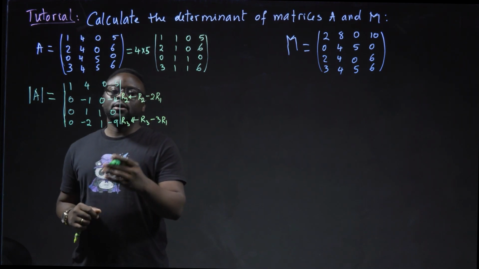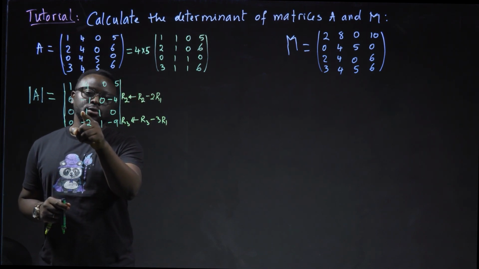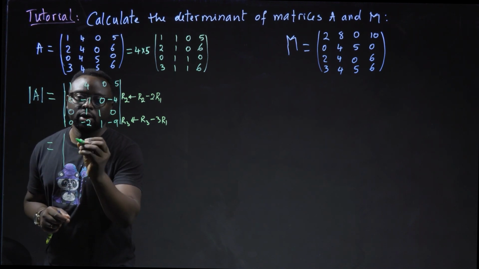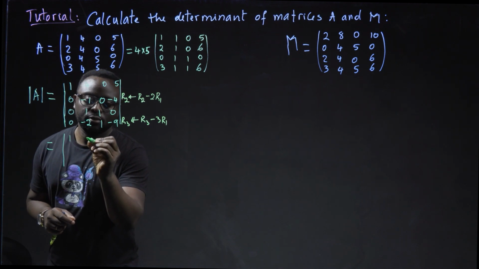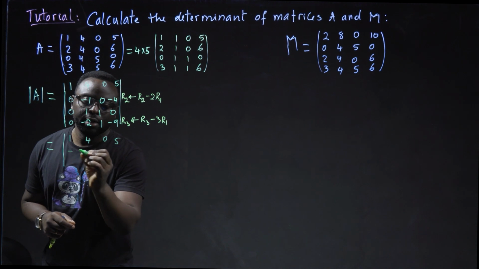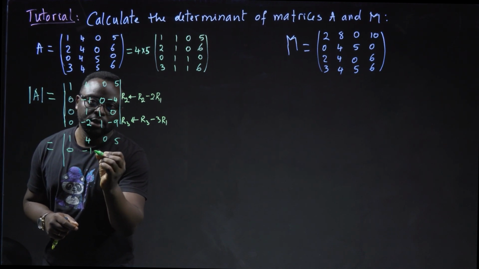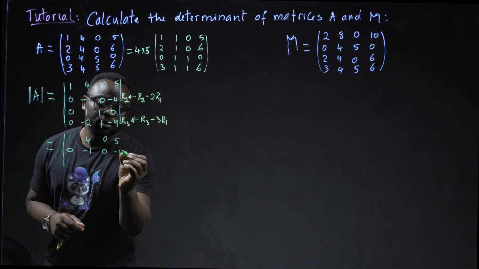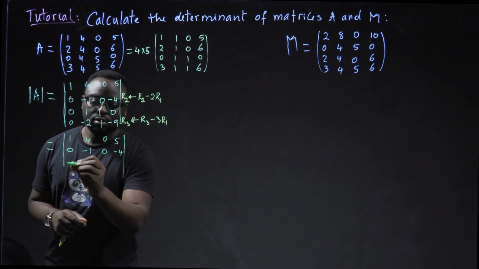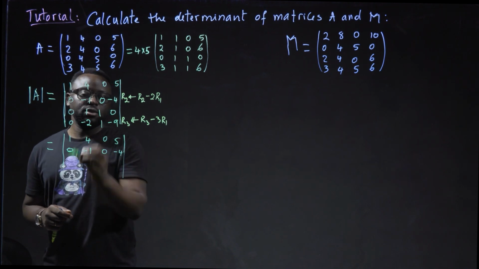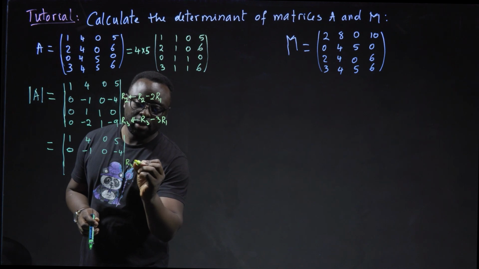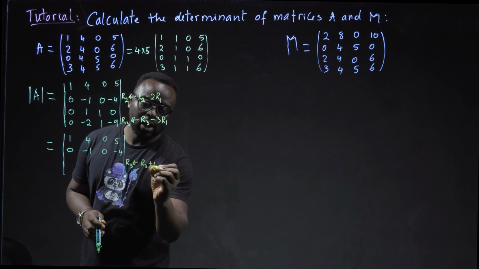All right. Now, for the next step, we want to get rid of this 1 and minus 2. So we have to fix the second row now. So first row is 1, 4, 0, 5. We have 0, minus 1, 0, minus 4. Given that we want this to be 0 by using the second row, we say R3 becomes R3 plus R2.